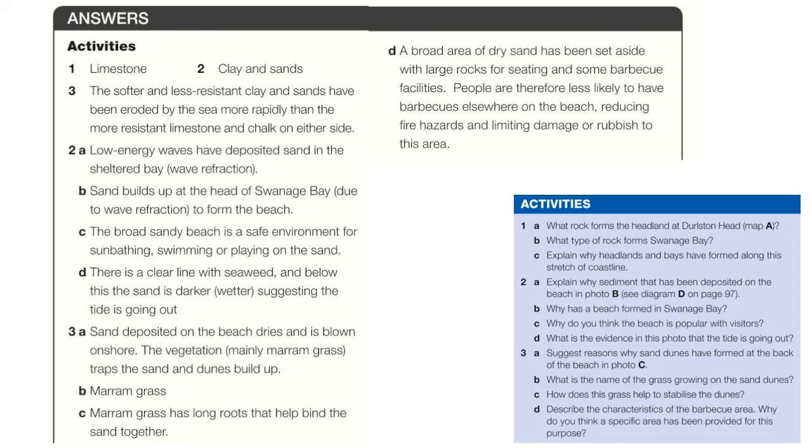It has long roots that help bind the sand together. And finally, the characteristics of the barbecue area. We mentioned this right back at the start. It means that people are less likely to have barbecues elsewhere, reducing fire hazards and limiting damage or rubbish to the area. So there we go. Well done. Good job with all of those. Obviously, anything you didn't get quite right, please do make sure you've corrected it now.